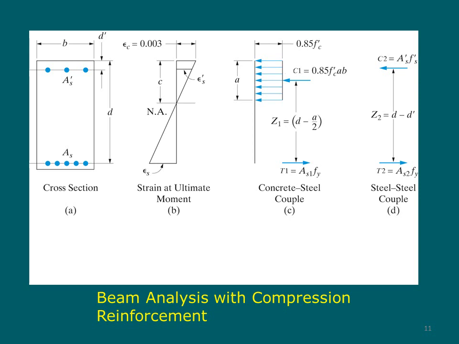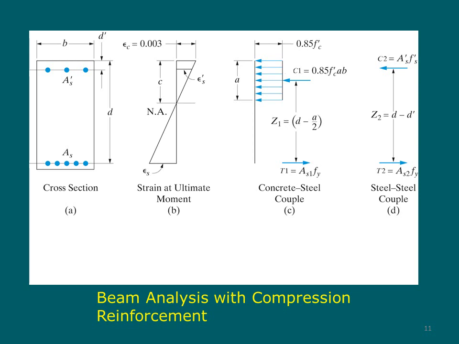The distance from the compression to the tension is going to be called Z. So in the case of C1 and T1, we may call it Z1. In the case of C2 and T2, I'm going to call it Z2. Distance Z1 is going to be equal to the depth of the tensile reinforcing d subtracting a over 2.